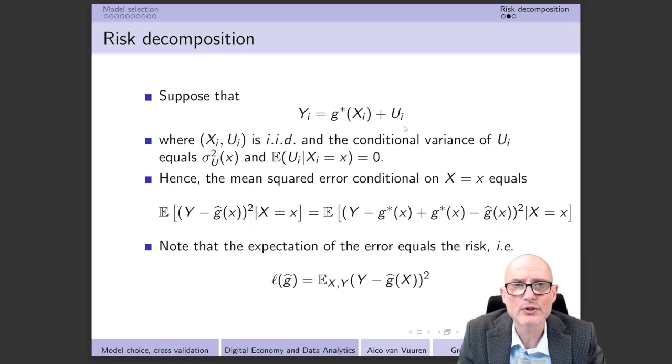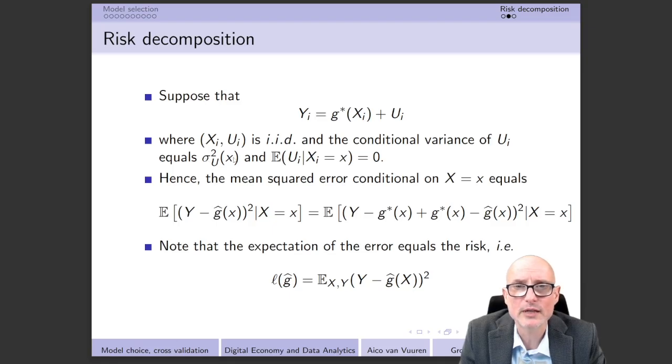For that I'm going to assume the following setup. We have yi on the left-hand side, and on the right-hand side we have g star xi plus ui, where g star xi is a very general function of this xi. In addition, I'm going to make a couple of additional assumptions. I'm going to assume that xi and ui are iid, and the conditional variance of ui is equal to sigma squared ux.